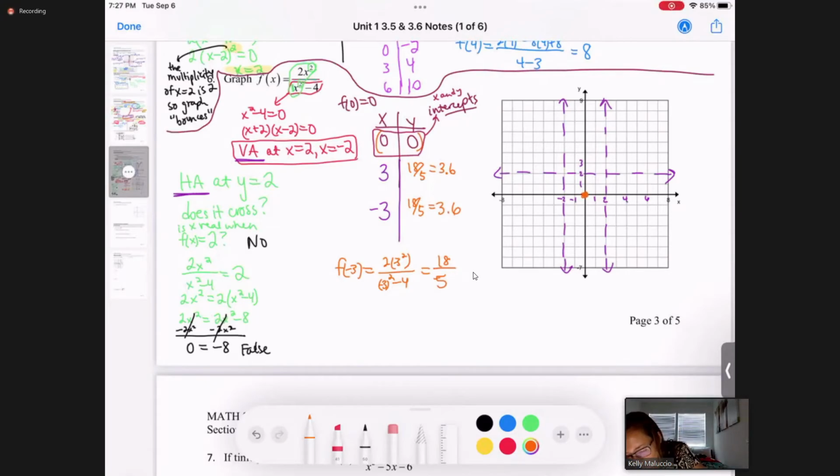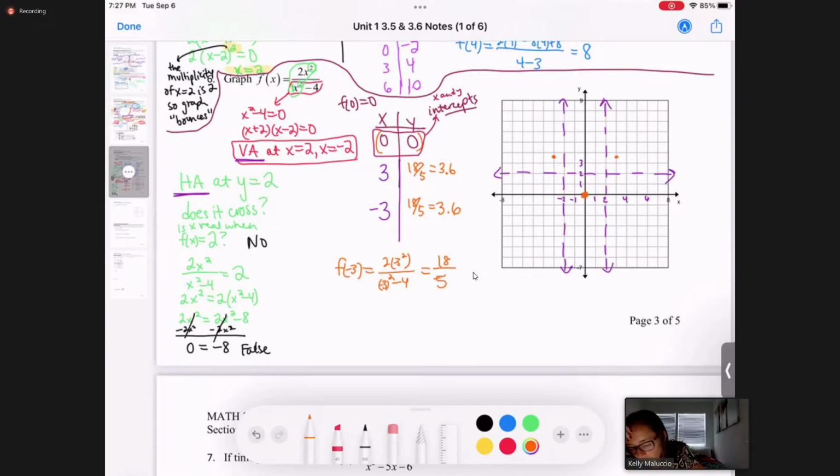Let's plot these points. I have 3, okay, 3.6, so that's somewhere in there. And -3 and 3.6 is somewhere in there. When I think about what's going on, every place here is going to approach whatever asymptote it's closest to.